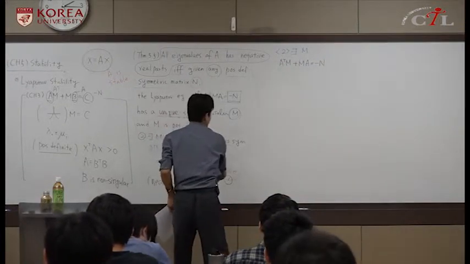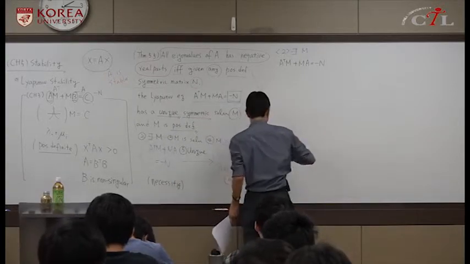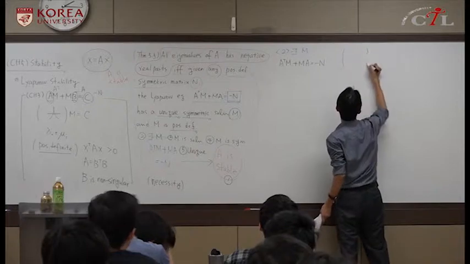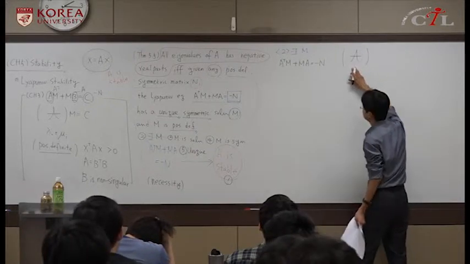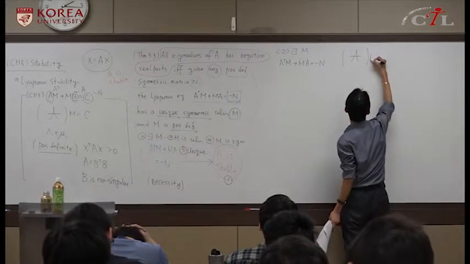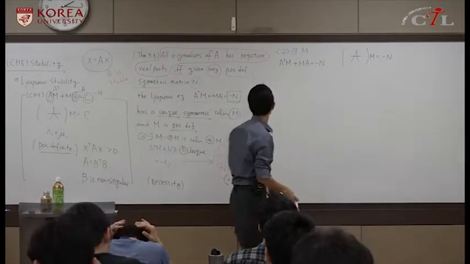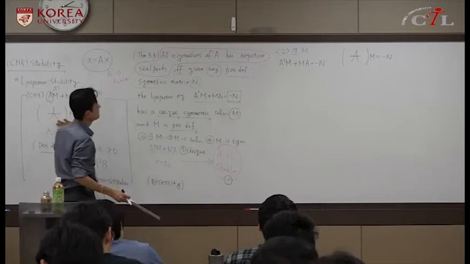That means we might be able to describe it as such a matrix and some M matrix equal to minus N.